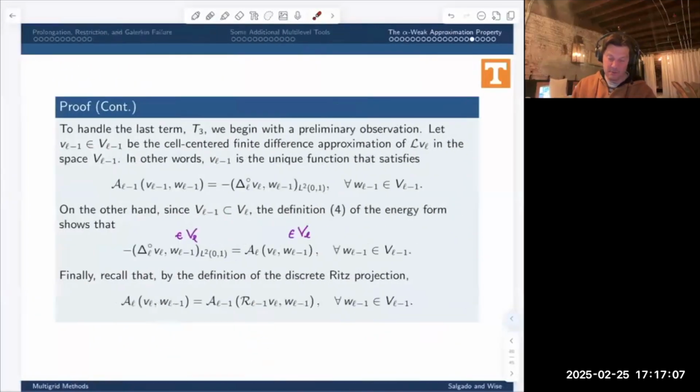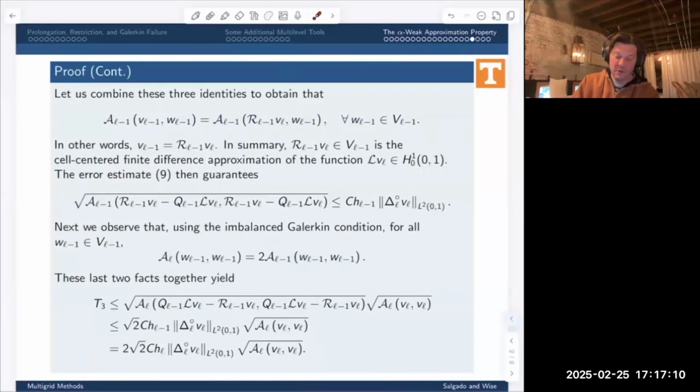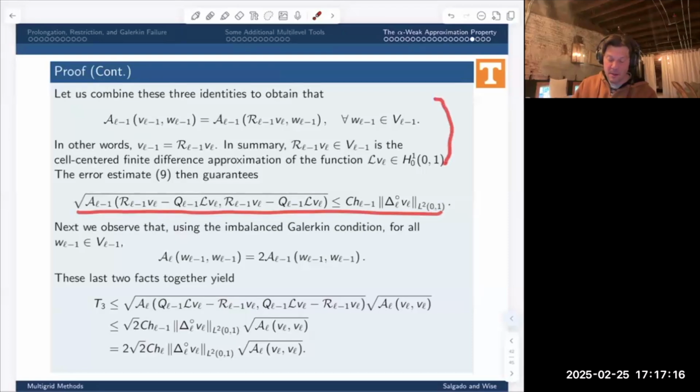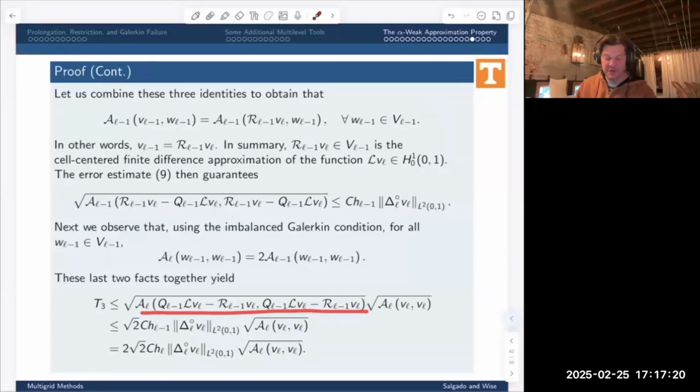Not quite there. Okay, so what I'm doing is foreshadowing. This is the error estimate that I need using these facts up here, but that hasn't appeared yet. It's going to appear down here, when I use the Cauchy-Schwarz inequality on T3.